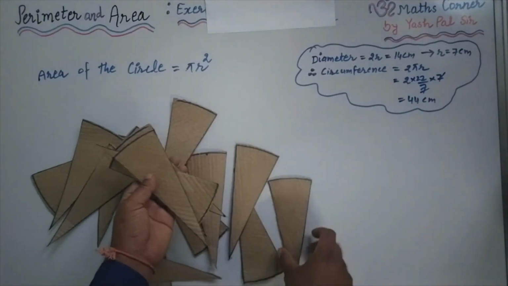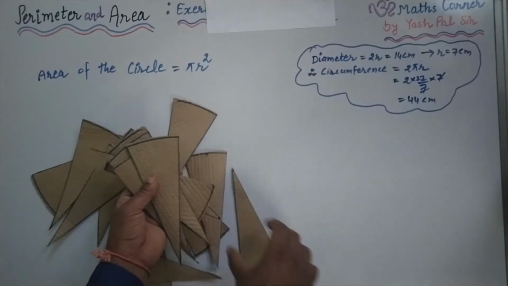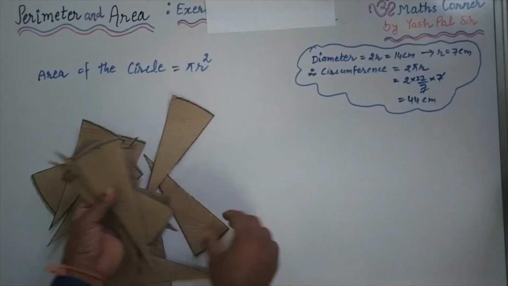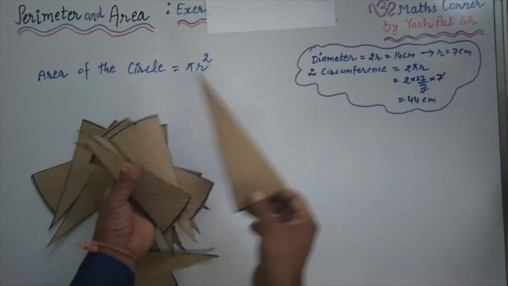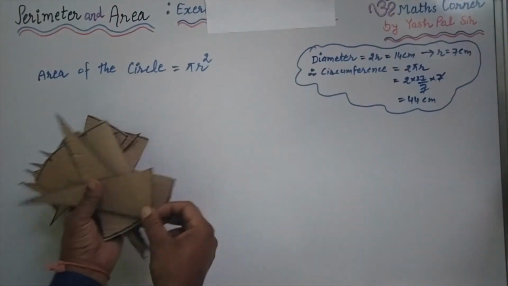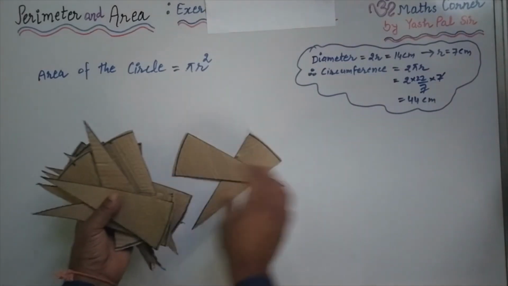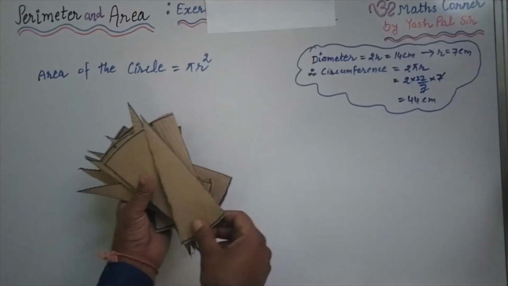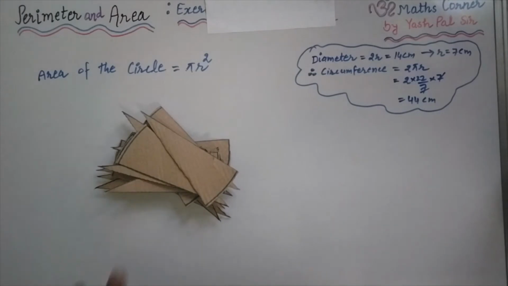Let us count them. How many are they now? 1, 2, 3, 4, 5, 6, 7, 8, 9, 10, 11, 12, 13, 14, 15, 16. Further again we can cut them with the same process. 16 plus 16, 32.